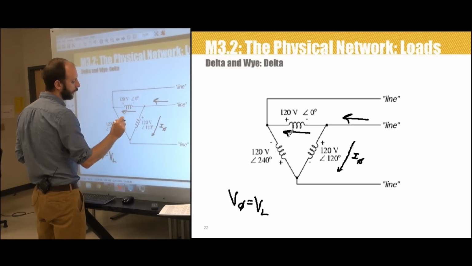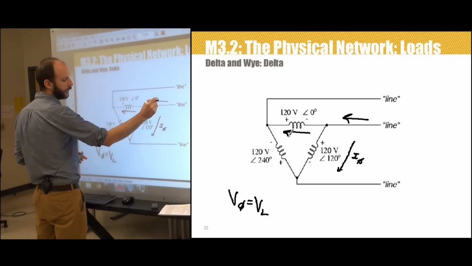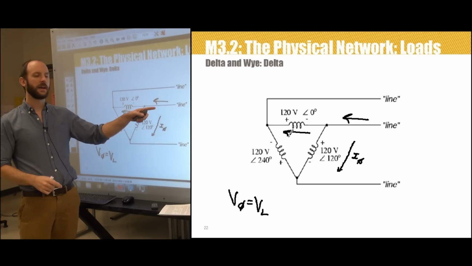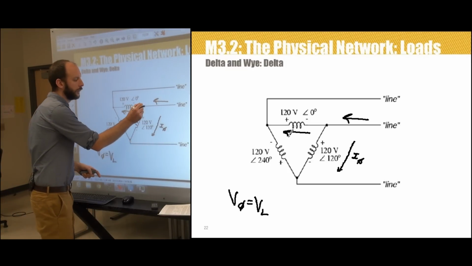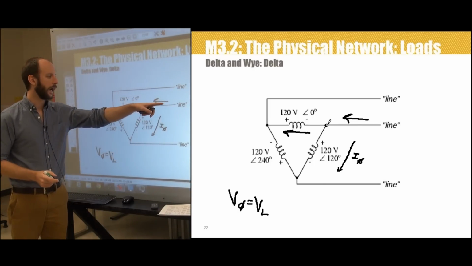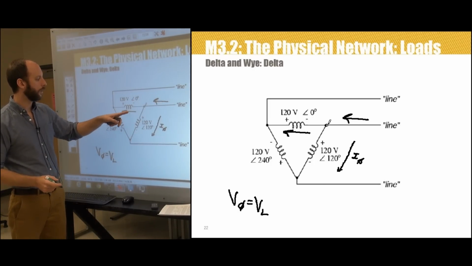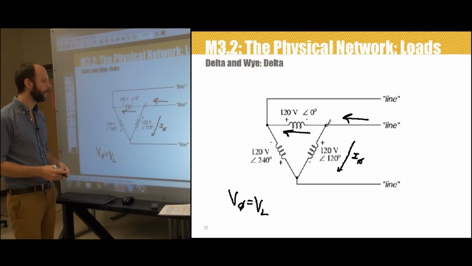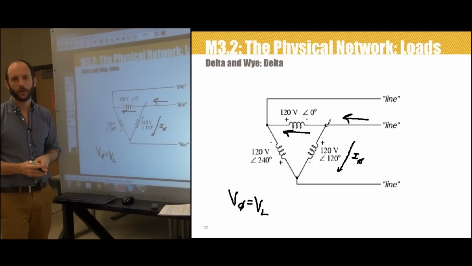There's also a phase current right here. So this current has to be the vector sum of those two. We now know that they have magnitudes and angles, so using KCL at that node, we have to say I line is equal to I phase 1 plus I phase 2, knowing that those are complex numbers.